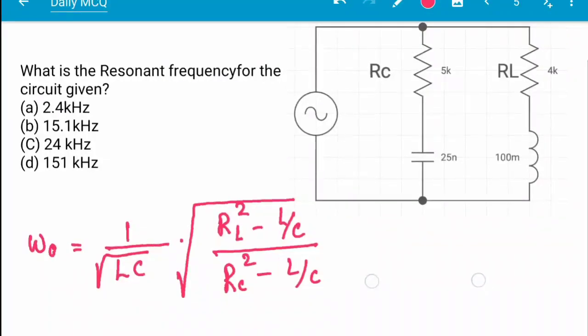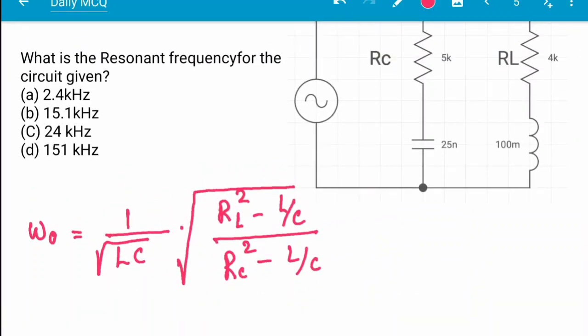So what are the values? L is 100 milli, C is 25 nano, RC is 5K, and RL is 4K.